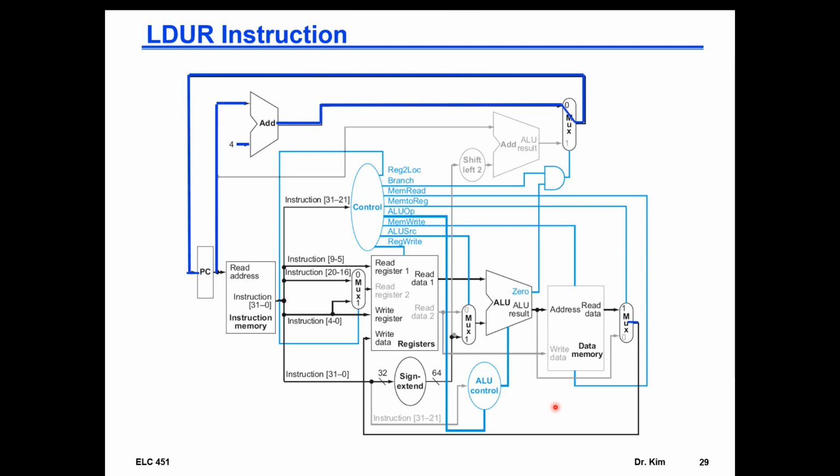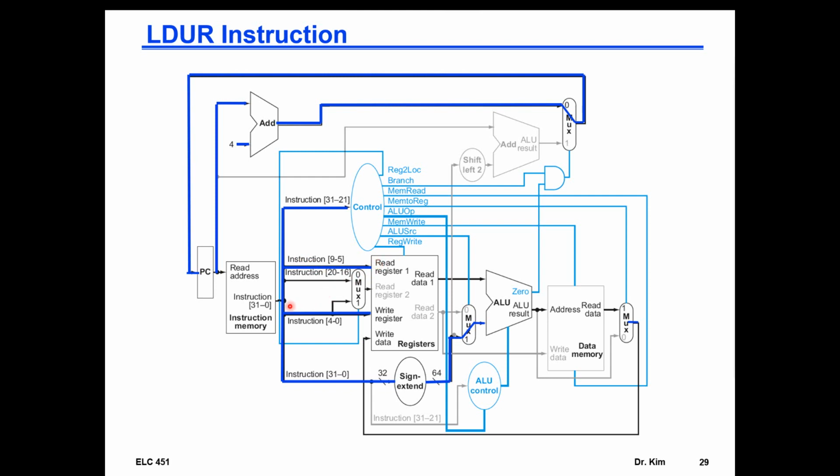Again, we read the instruction that has been just calculated, being the next instruction. And again, we decode the opcode. We always have that first register involved. That's going to be the base register.